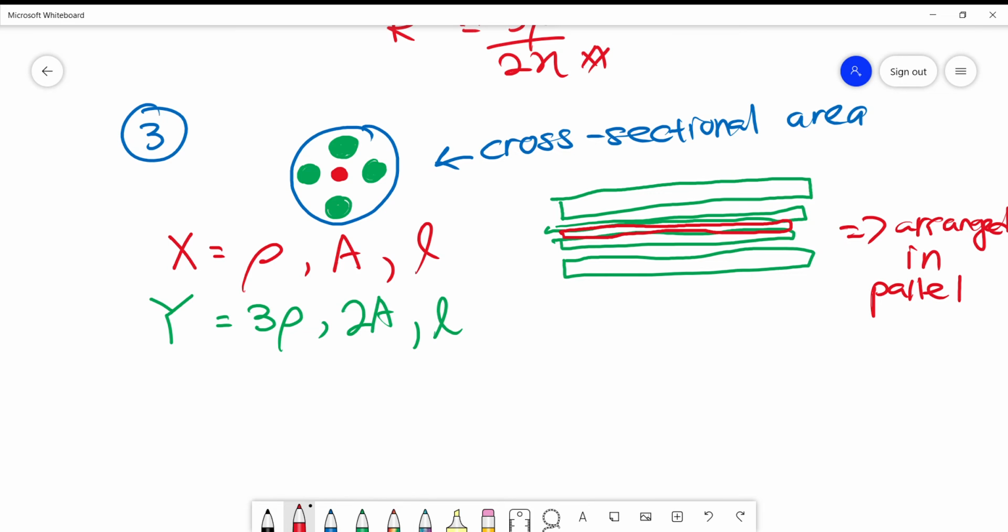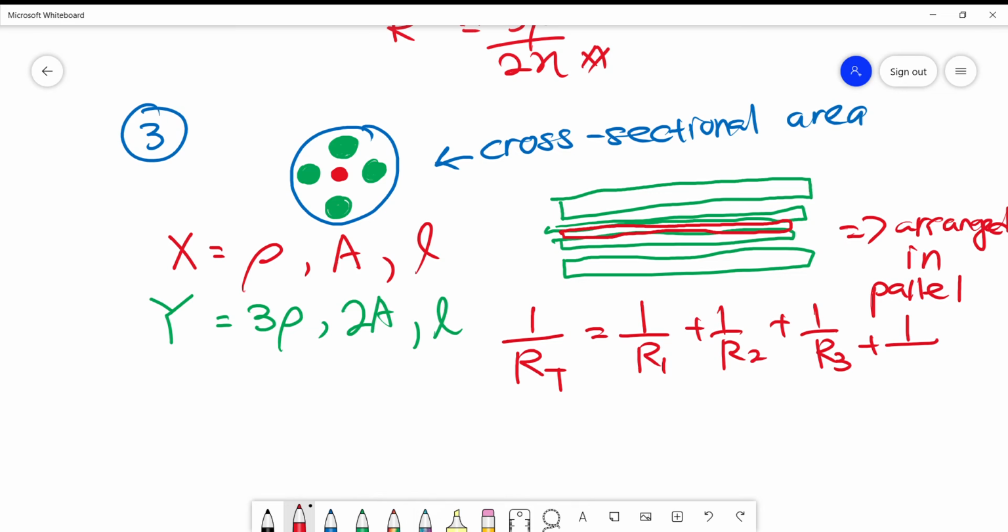So the formula for parallel wires: the total resistance is 1 over RT equals 1 over R1 plus 1 over R2 plus 1 over R3 and finally plus 1 over R4. And actually there are 5 wires, sorry, and finally 1 over R5. So this will be our total resistance.